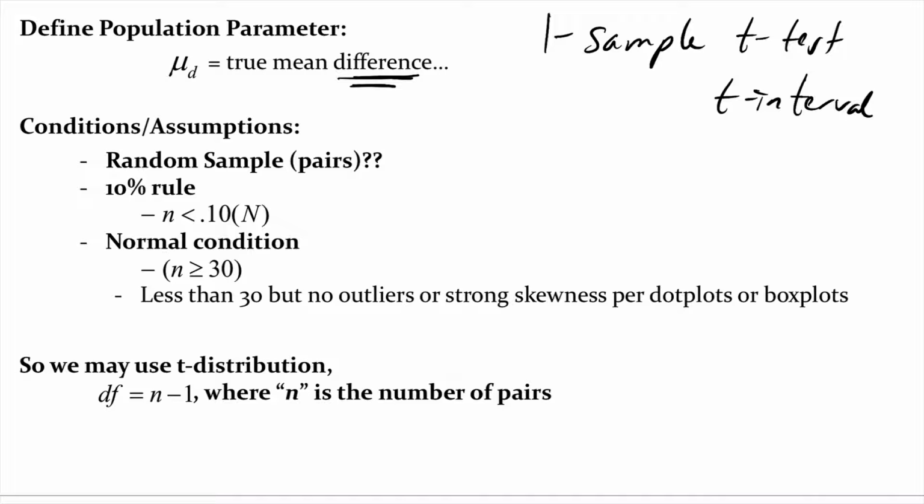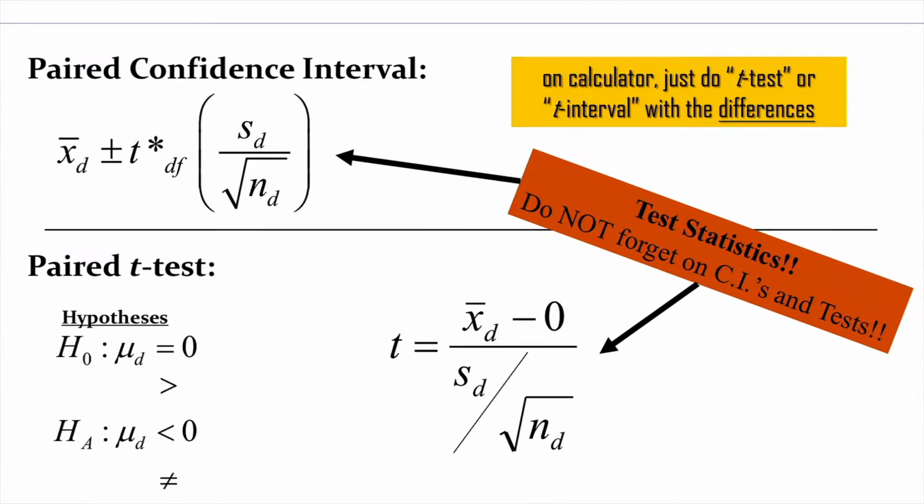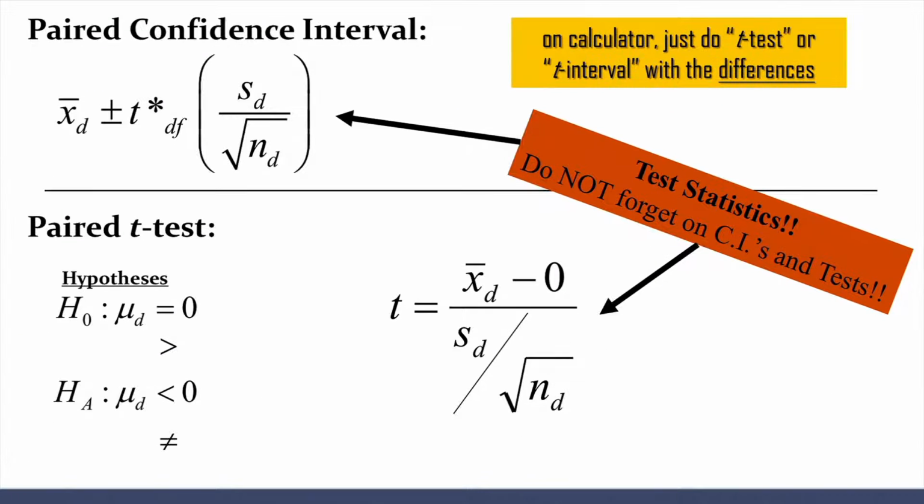Nothing changed here. These are the formulas that we use. X bar for the differences: the sample mean of the differences between the two samples. I don't care about the actual numbers in the samples, I just want the differences.